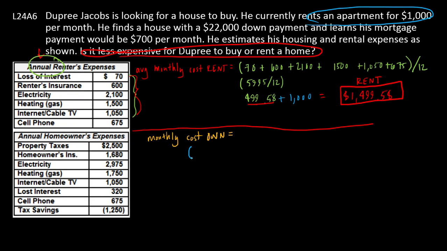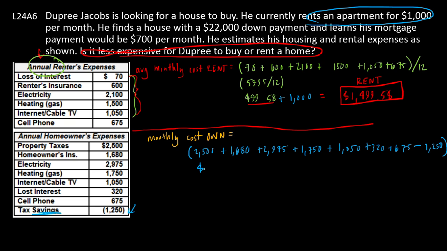We have property taxes, an annual expense of $2,500, plus $1,680 for homeowners insurance, plus electricity, heating and gas, internet, cable, cell phone, $675. And then notice this one in parentheses, tax savings. So since it's in parentheses, we subtract $1,250, okay? Because it's a savings, it's a kickback we're getting on our taxes.